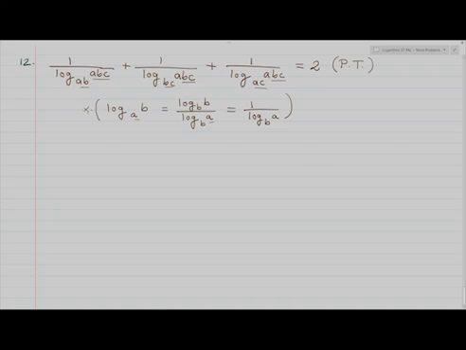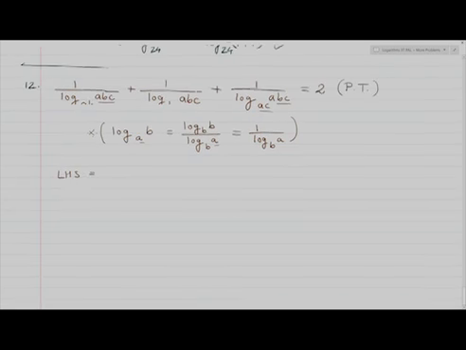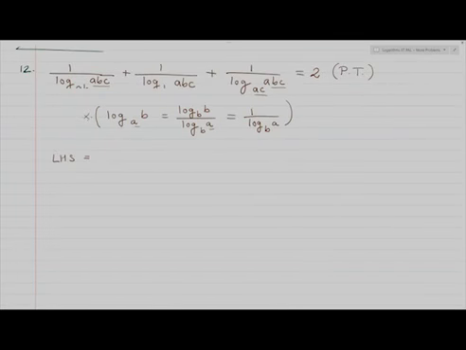So, what will happen to the first term if I want to use this power? Let us take the LHS. I will not rewrite the LHS, let it be this, and let us try to solve. So, AB.